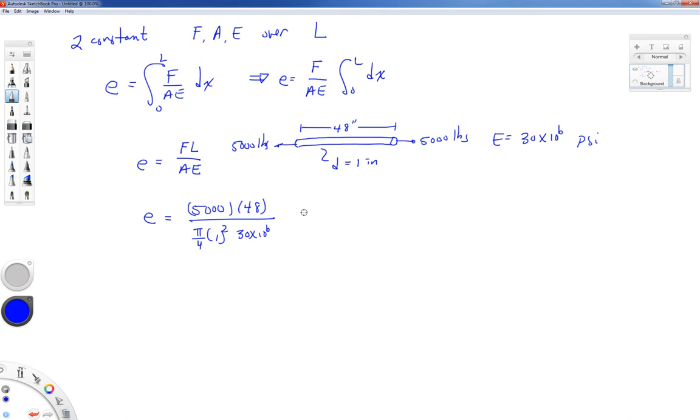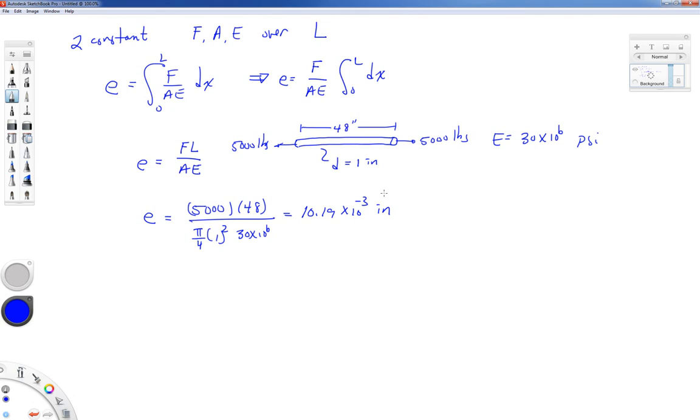Let me grab my calculator. Comes out to be a fairly small number, 10.19 times 10 to the minus 3 inches.